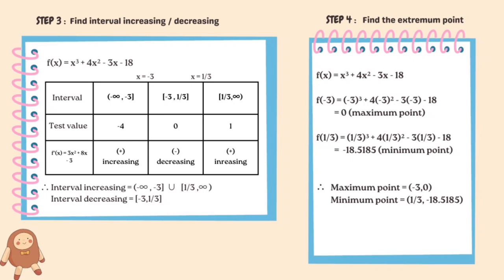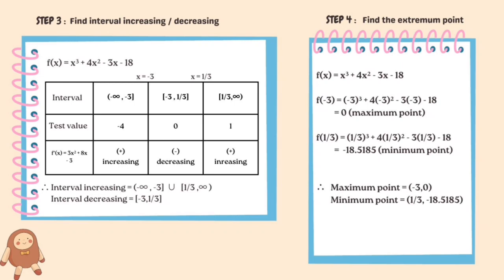For the second, we got a negative number, which is decreasing. For the third, we got a positive number, which is increasing. So we have two increasing intervals here, which are (negative infinity, -3) union (1/3, infinity). The decreasing interval is (-3, 1/3).